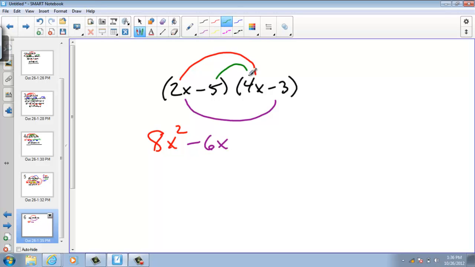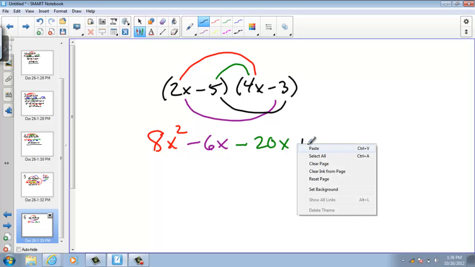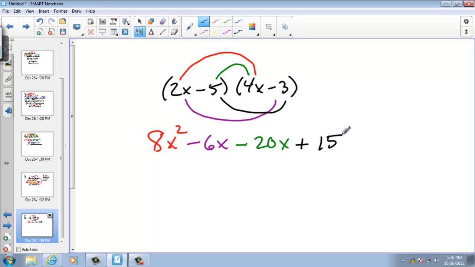Product of the inside terms, minus 20x. Product of the last terms, plus 15. Combine the like terms again. The outside and the inside terms are like. And I've got 8x squared minus 26x plus 15.